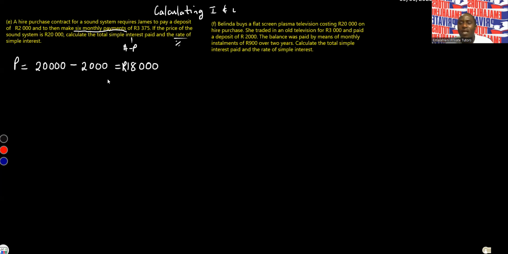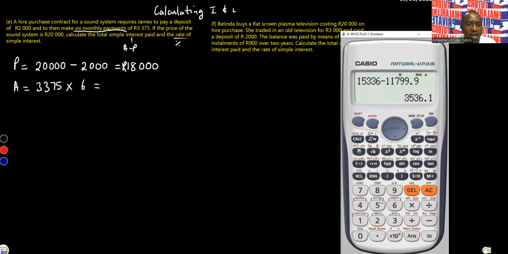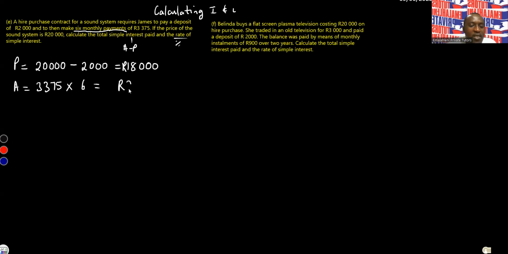What is the accumulated amount? Accumulated amount is going to be equal to 3,375 times 6 monthly repayments. What do we get? 3,375 times 6 gives 20,250 rand.